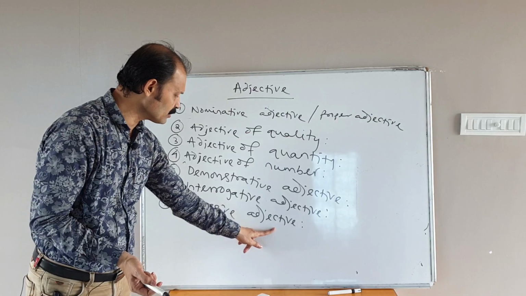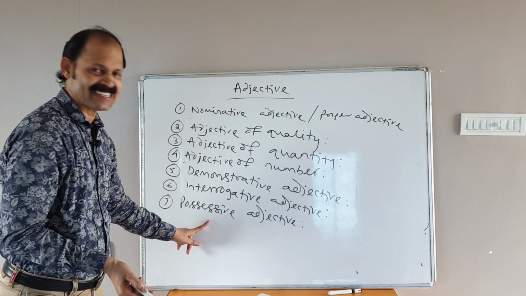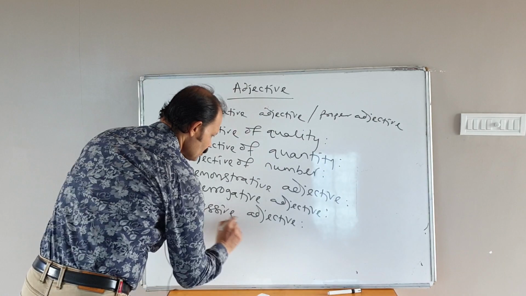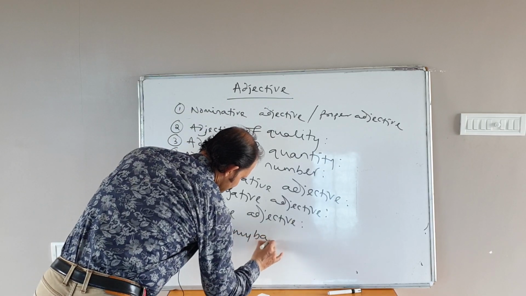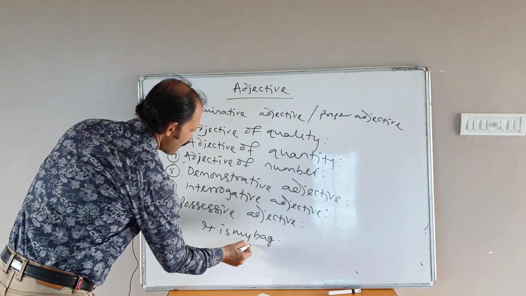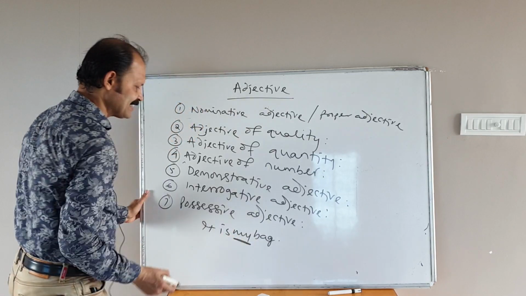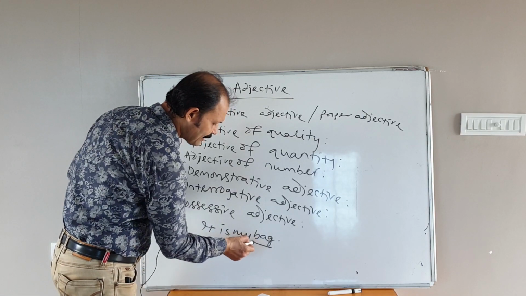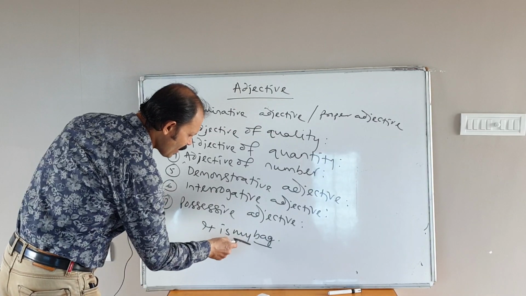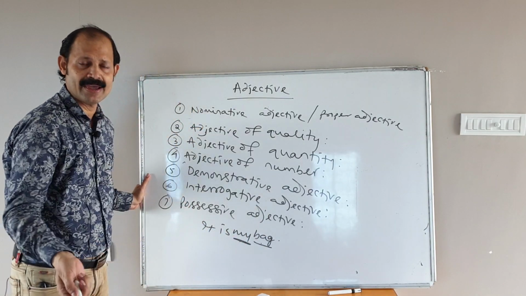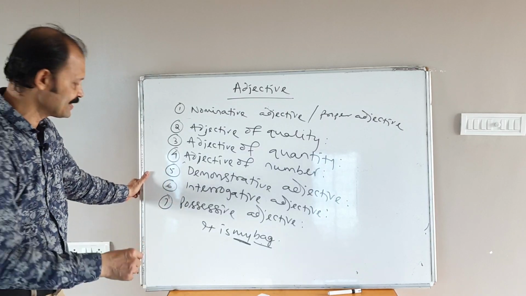They qualify the noun in a possessive way. How? Suppose, it is my bag. Then my is the possessive adjective because it describes the noun bag in a possessive way. Whose bag is it? Mine. Because this word describes the noun in a possessive way, they are called possessive adjectives.